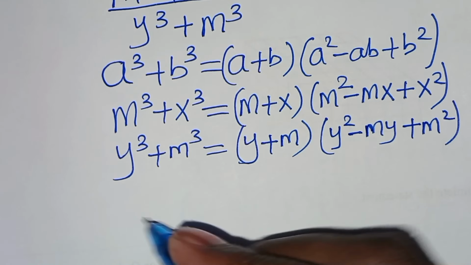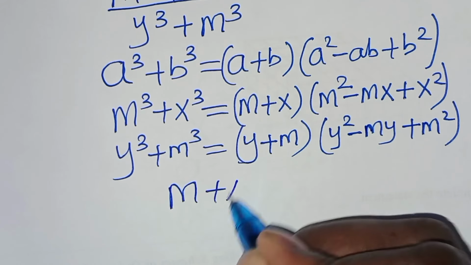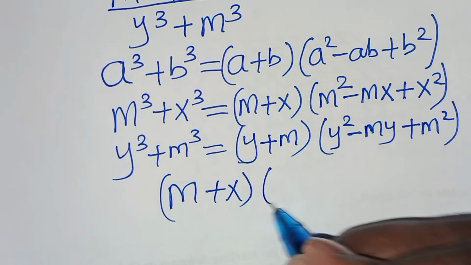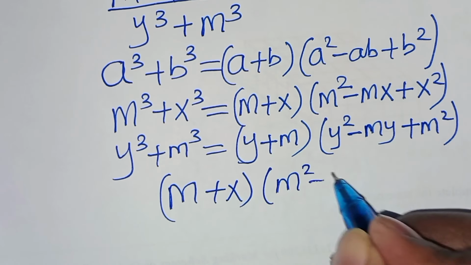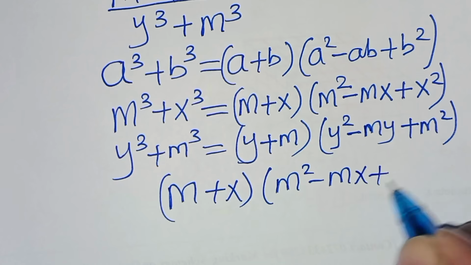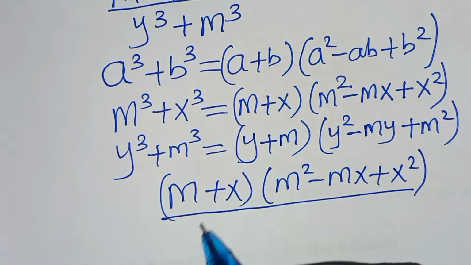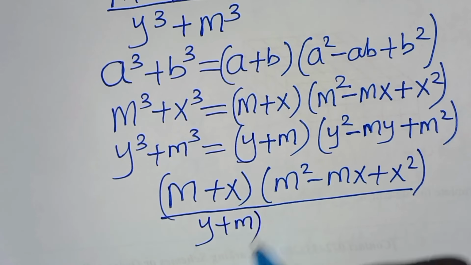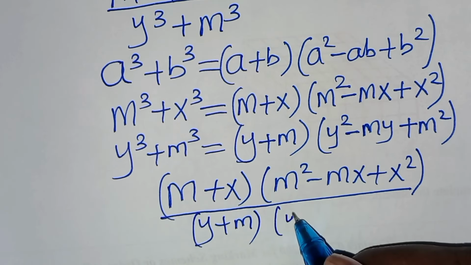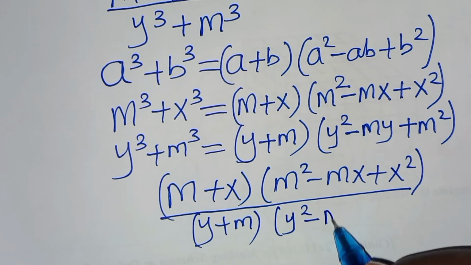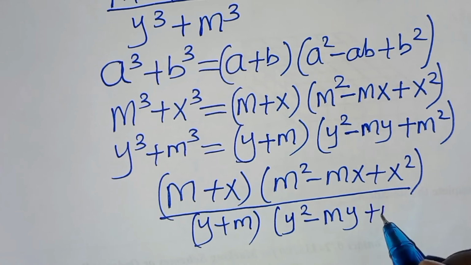So in the numerator, we have m plus x, m squared minus mx plus x squared, close the bracket, divided by y plus m, here we have y squared minus my plus m squared.